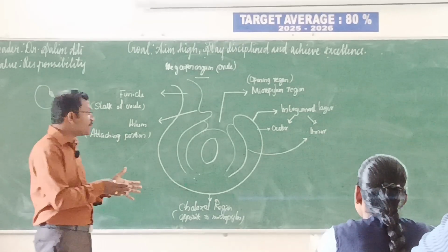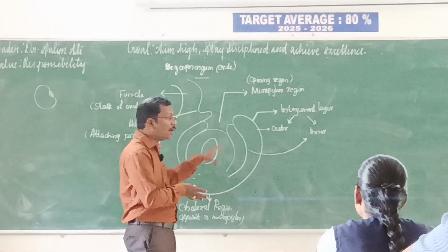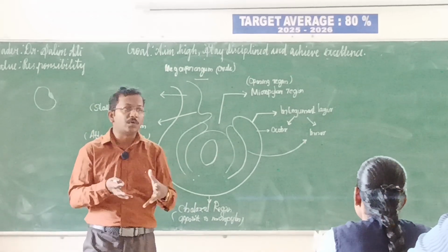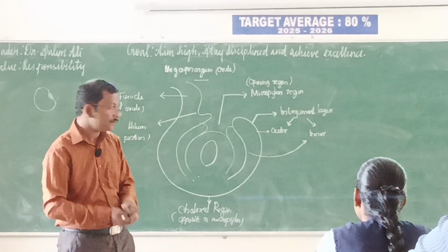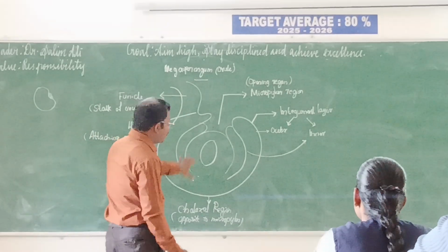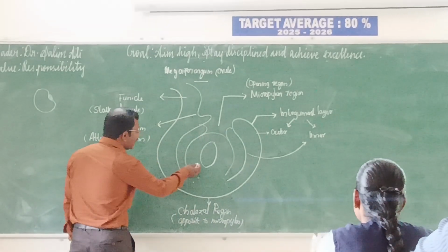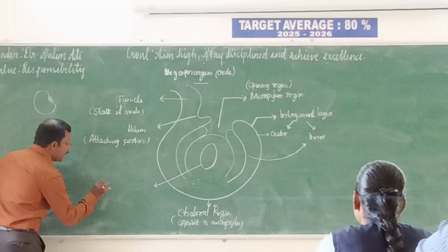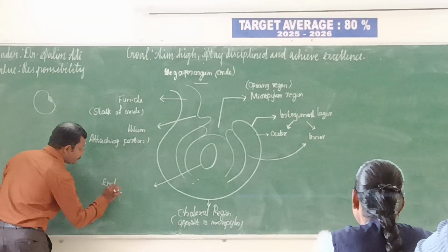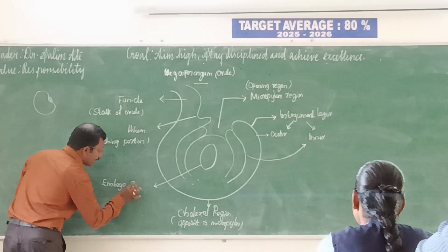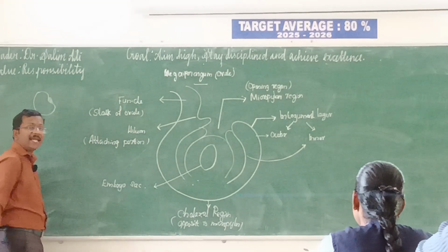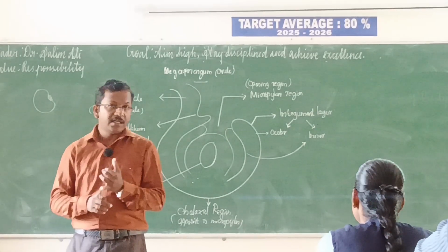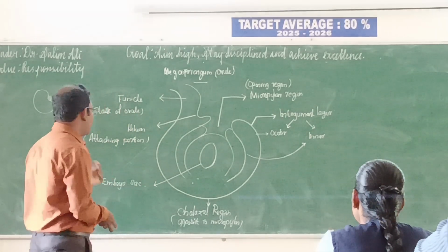Its function is protection. It protects the whole structure, or else we can say it is the protective layer of the embryo sac. Now inside this, at the center, there is a sac-like structure, and this is known as the embryo sac. It is a sac-like structure present inside the ovule, or else we can call it the female gametophyte.